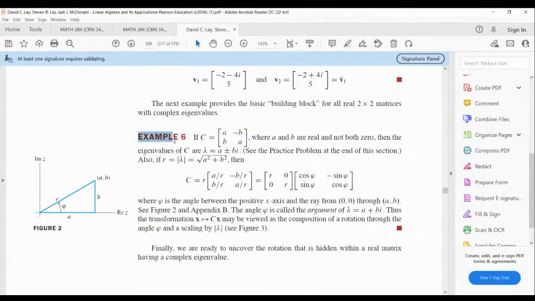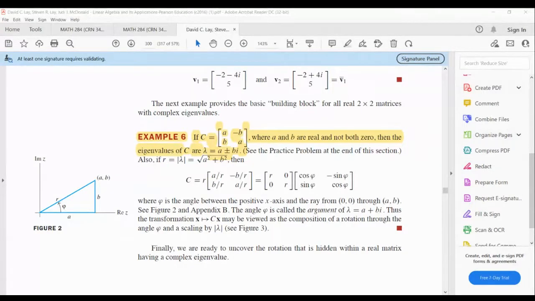There we go. Example 6. They say that if you have a matrix C with those values, where a and b are real and not both 0, then the eigenvalues of C are a plus or minus bi.